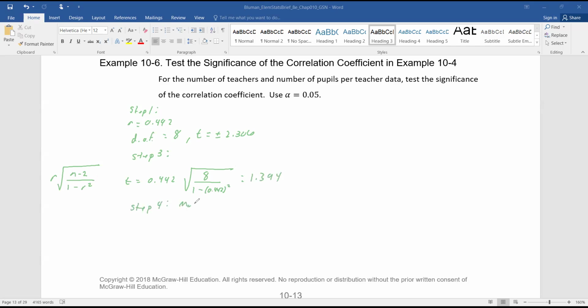So now in step 4, I got to make a decision. And since my 1.394 is less than 2.306, it does not fall in my critical value range. So therefore, we do not reject the null hypothesis.